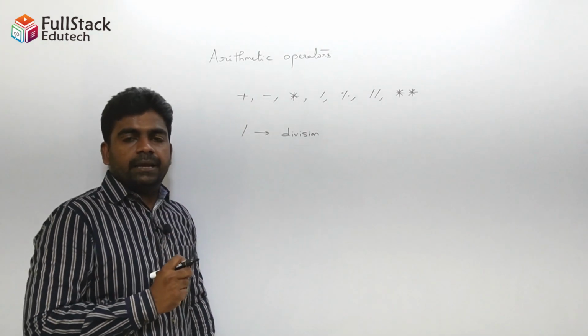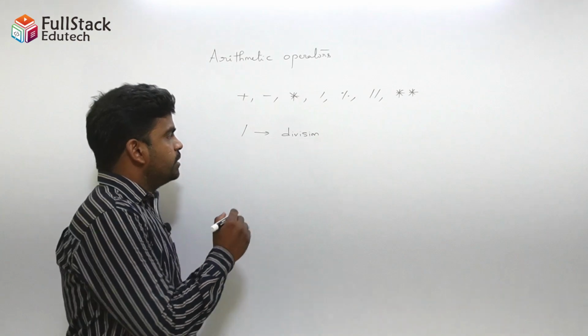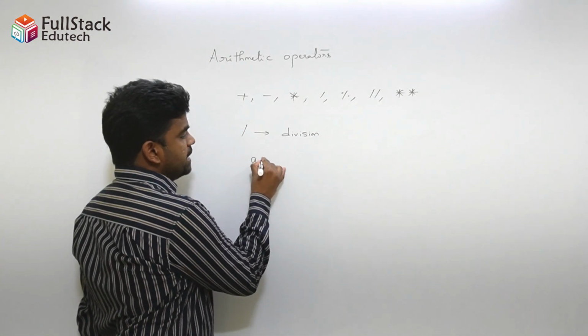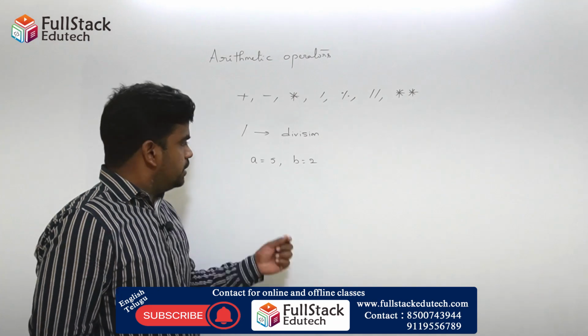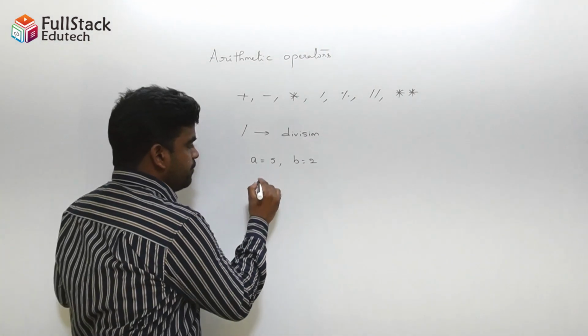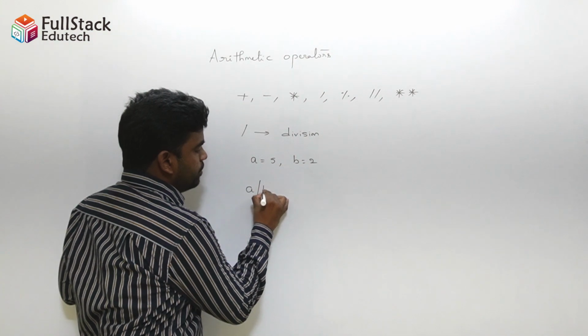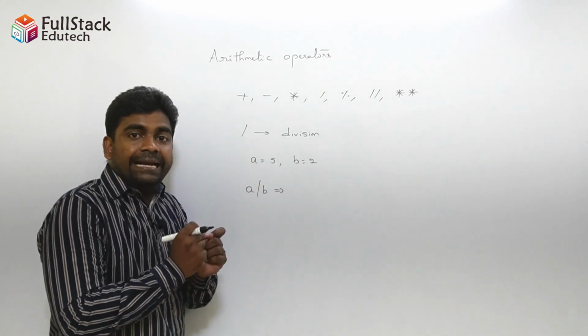We already know Python doesn't support data types. So suppose a equals 5 and b equals 2, the two variables we are taking with the values 5 and 2. When you do the a by b operation, how does it consider it?